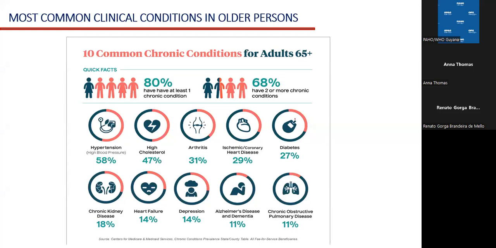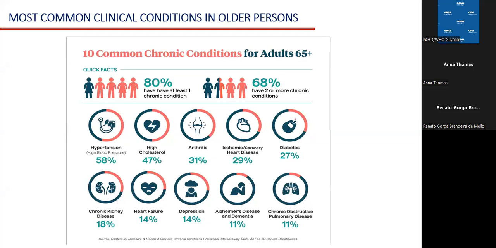So let's talk about the most common conditions, not the 10 most common, but we'll talk now about hypertension, diabetes, dementia, and falls and fractures, which are very prevalent and important conditions.